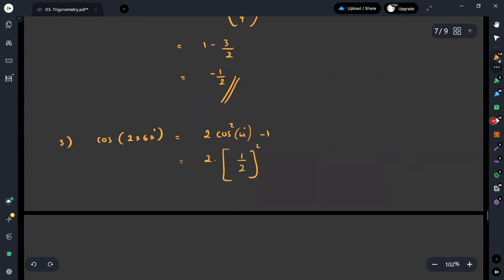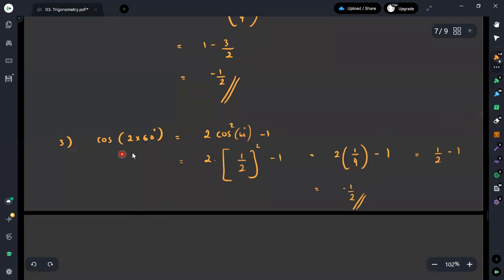Then its square term is used. We'll get 2 times 1/4 minus 1, which is simply half minus 1, equal to minus half.